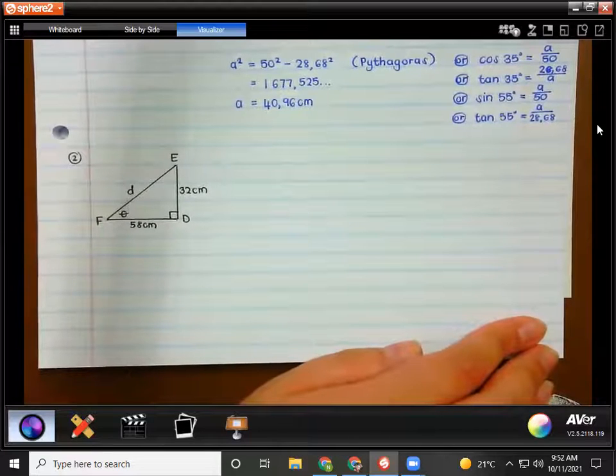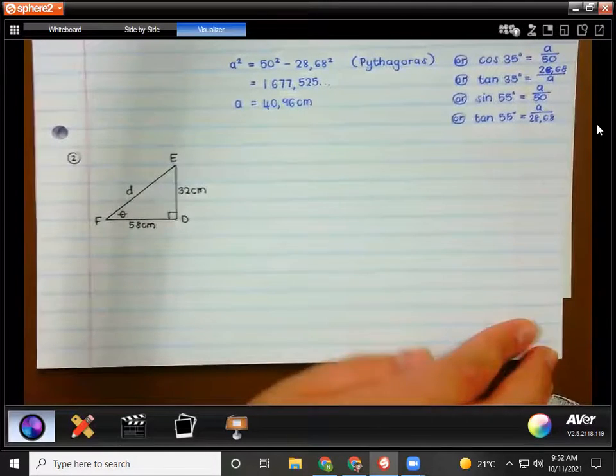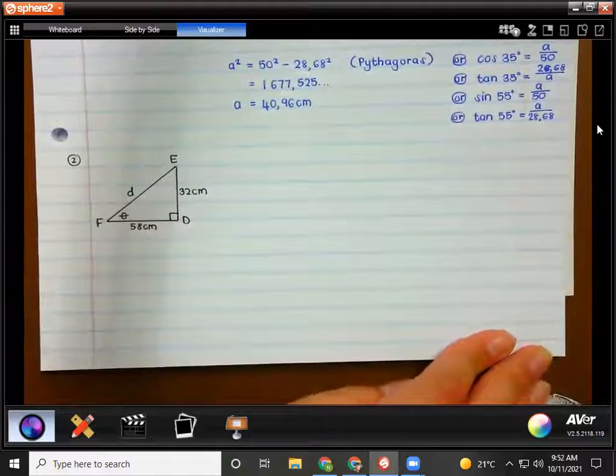It's the hypotenuse, so you're going to add the squares of the other 2 sides together to get that one.